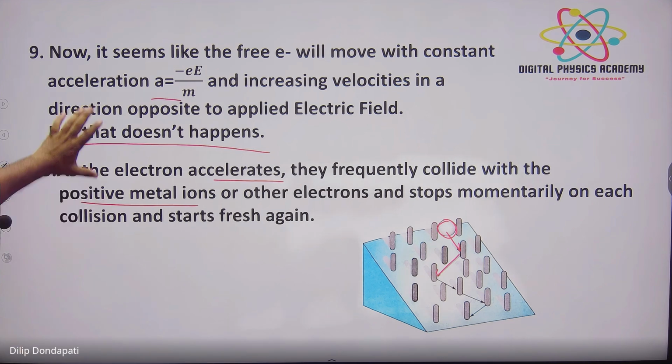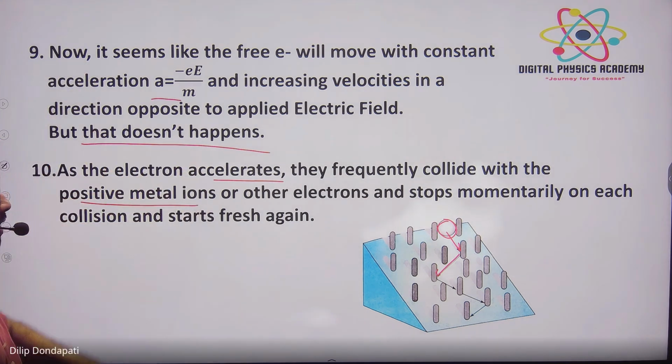So this is not needed, write this down. As electrons accelerate, they frequently collide with the positive metal ions or other electrons and stop momentarily on each collision and start fresh again.